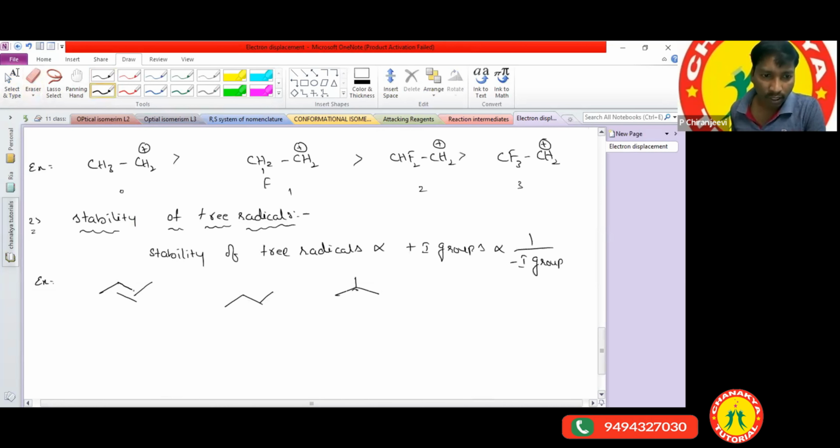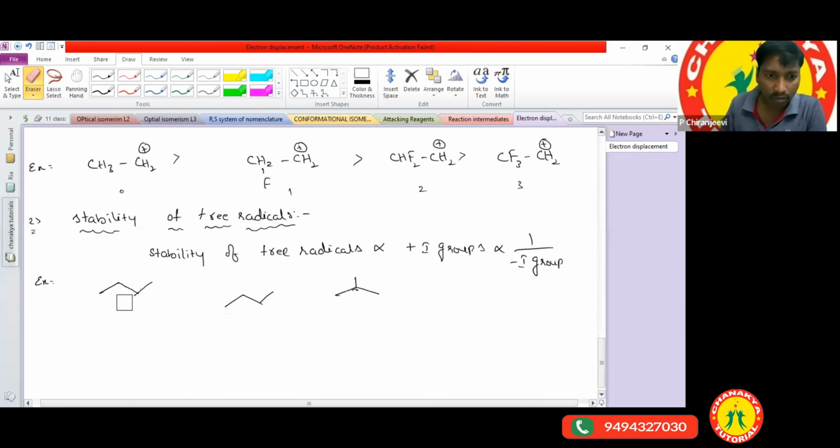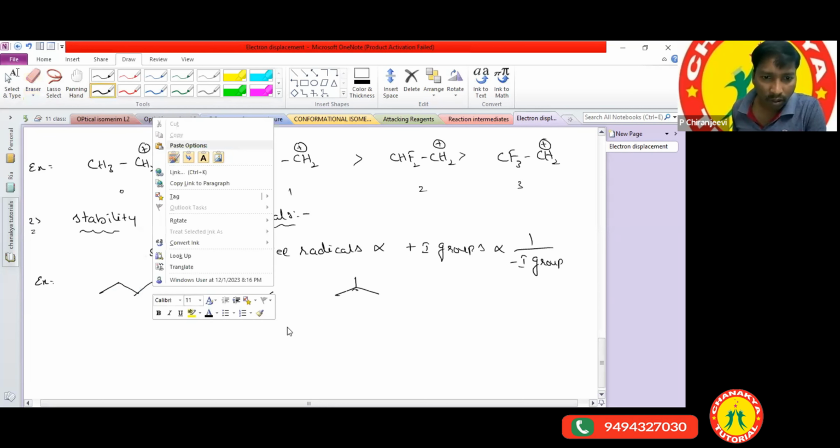This one we can write like this here, and here we can write one dot symbol.